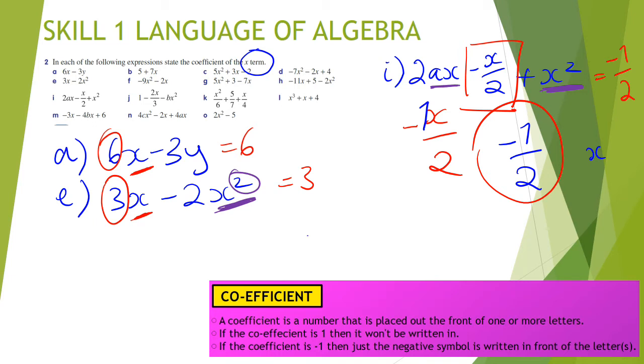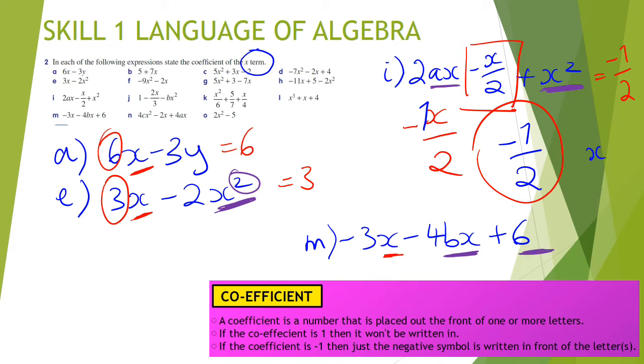We'll do one more. Let's look at M. We've got negative 3x take 4bx plus 6. Here's an x term. Then we've got a bx term. We're not interested in that. And this is just a 6. There's no letter in this at all.